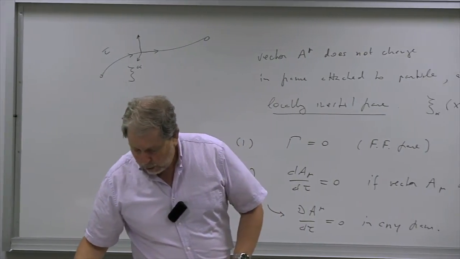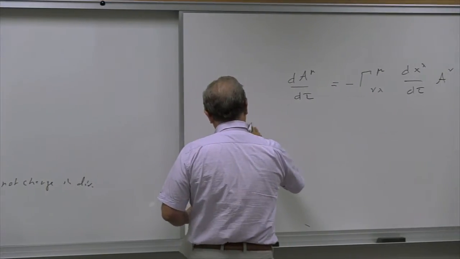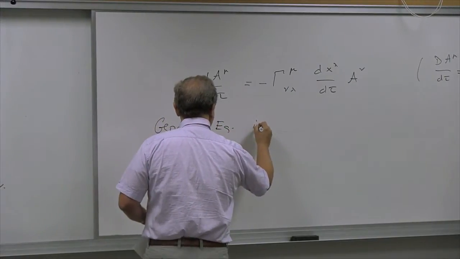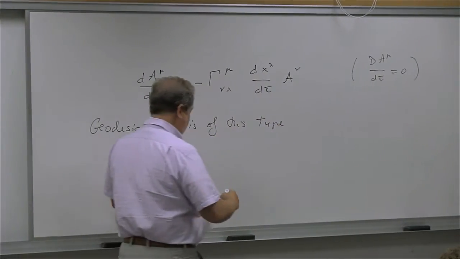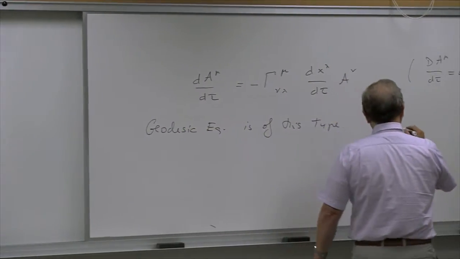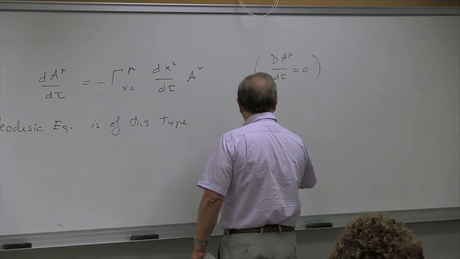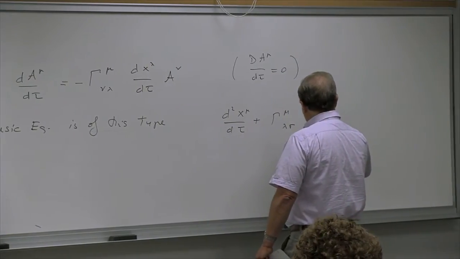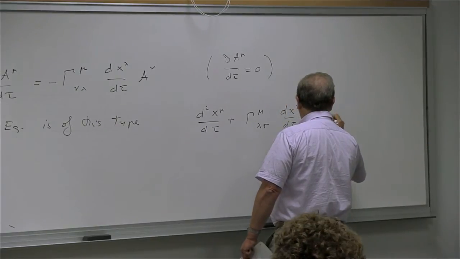Now, in fact, the geodesic equation is precisely an equation of this type. So if we look at the geodesic equation, it is of this type, because you do remember that the equation for geodesics is that the second derivative of x mu with respect to tau, plus gamma mu lambda sigma dx lambda dx sigma by d tau, is equal to 0.